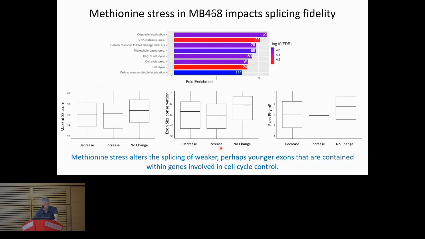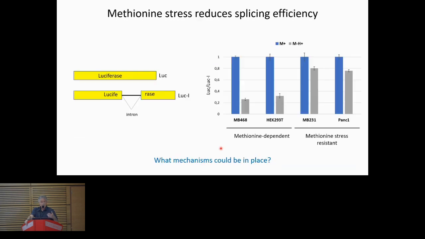And so this sounds a little bit like SMA in some ways, but the model that comes out here is that somehow methionine stress reduces the efficiency of splicing. To test that directly, we used a reporter where a luciferase expression vector is interrupted by an intron.